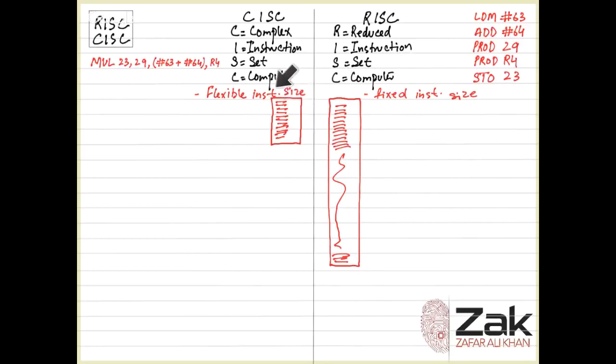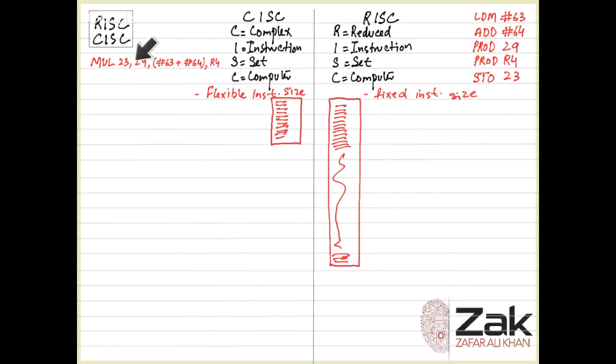Whereas in complex instruction set code, all you are doing is multiplying 23 with 29, and then you are adding 63 with 64. These are addresses, these are actual constants. And then whatever the result is, that will be multiplied with the result of 23 multiplied by 29, and then it will ultimately be, oh, sorry.